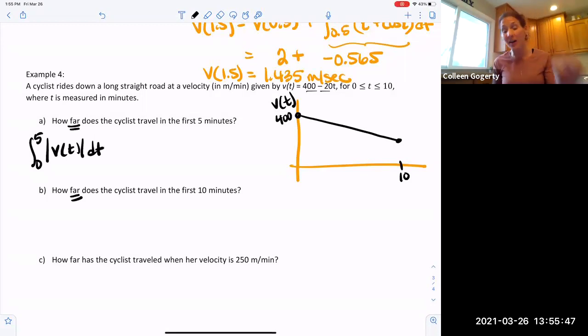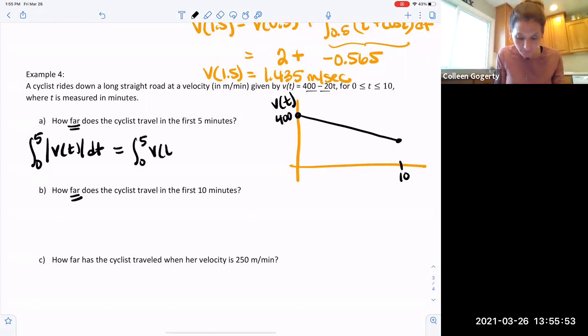Now, because the velocity is always positive, in this particular problem, the displacement and the distance are equal. Okay, so let me say that again. The displacement and the total distance are the same because this velocity function never went negative. Okay, that makes things actually a little bit easier for us. Now, that does not always happen, so be careful on that.